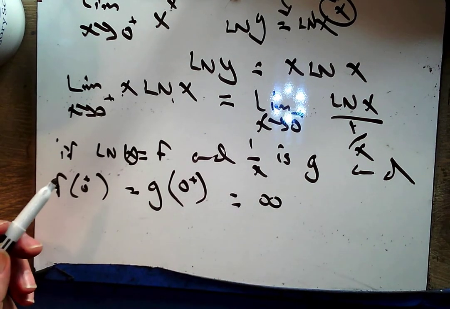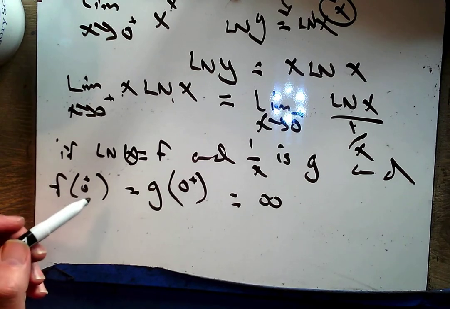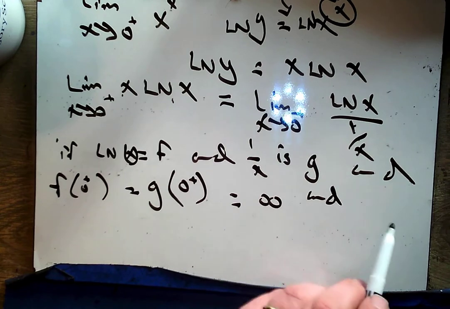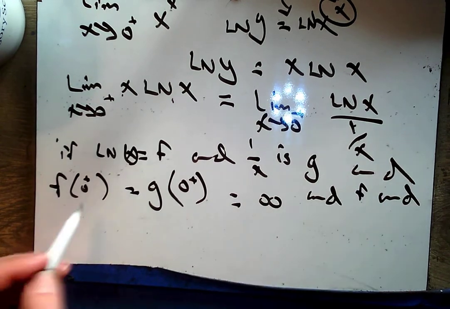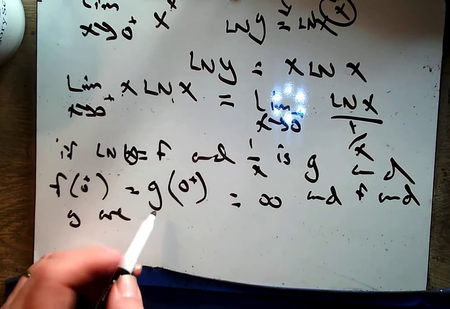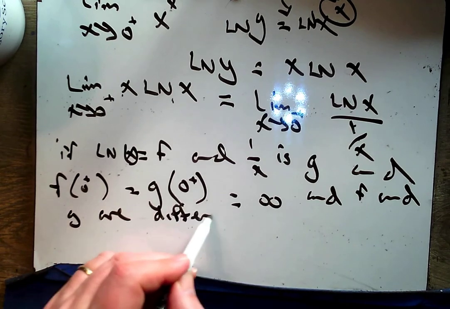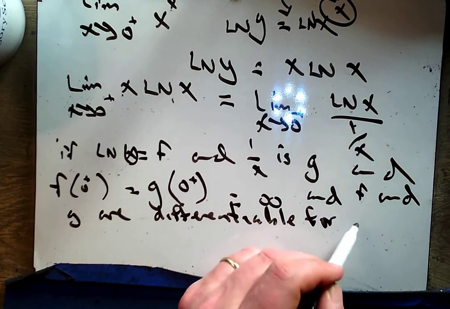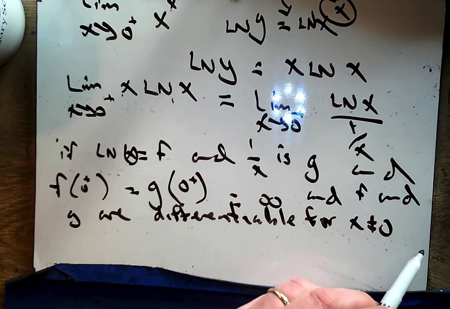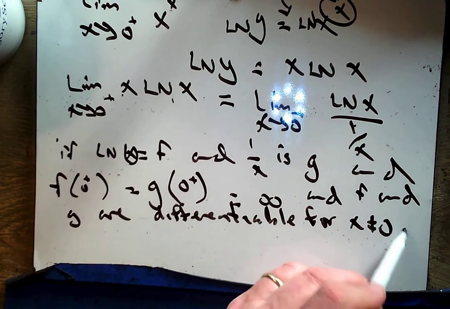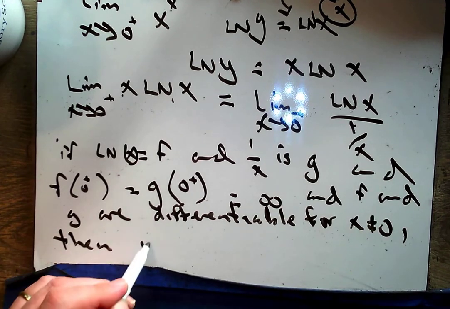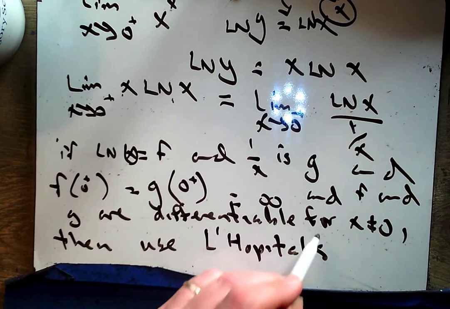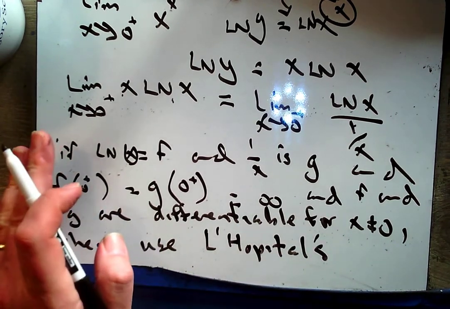That's going to be the infinity over infinity situation. And f and g are differentiable for x not equal to 0. Good. Looking from the positive side. Then use L'Hopital's. Okay, so I'm using L'Hopital's rule.